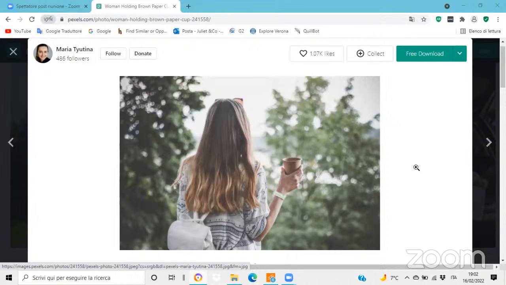In my opinion, in front of her could be a lake, and we can see some trees.